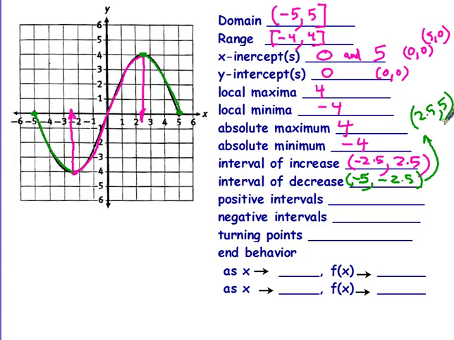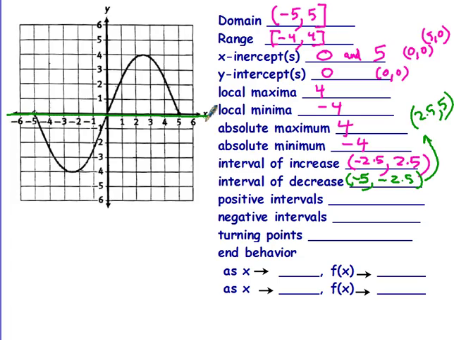All right, and then we have this concept of positive and negative intervals. When we're talking about positive and negative intervals, we want to know where our graph has positive y values or where our graph has negative y values. So the x-axis is kind of our dividing line. We want to look, where is our graph above the x-axis?